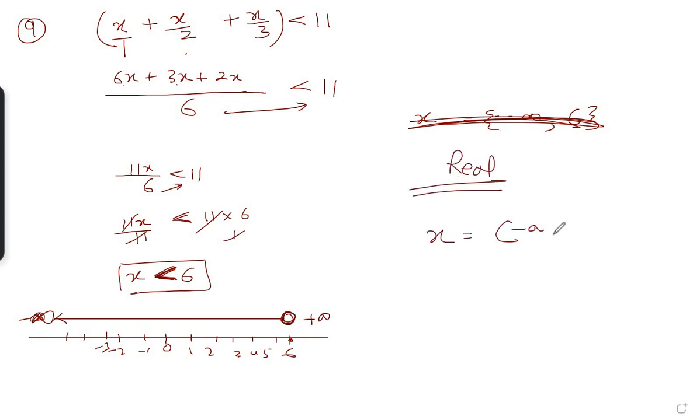An open bracket. So minus infinity to 6, open bracket. If 6 is included, then we will use a square bracket. But here 6 does not have any equal sign, so I will just use an open bracket.